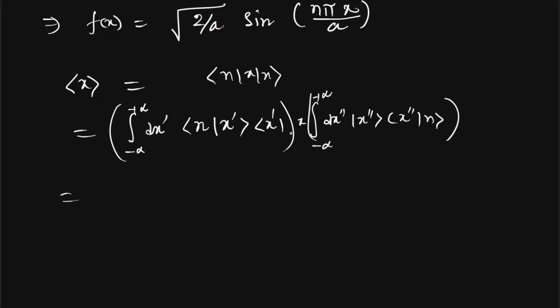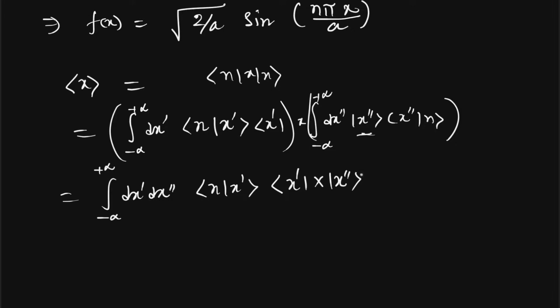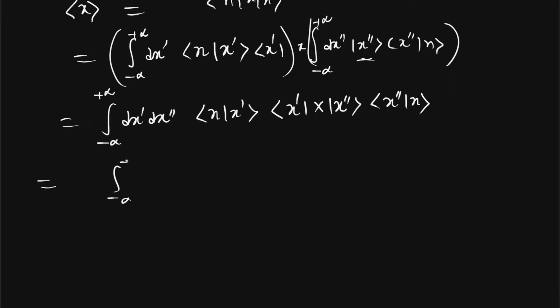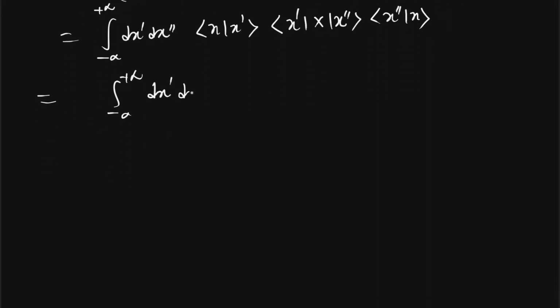That means x operating on |x''⟩ will give x''|x''⟩, since this is the eigenket of x. So the integral dx' dx'' ⟨n|x'⟩ x'' ⟨x'|x''⟩⟨x''|n⟩.